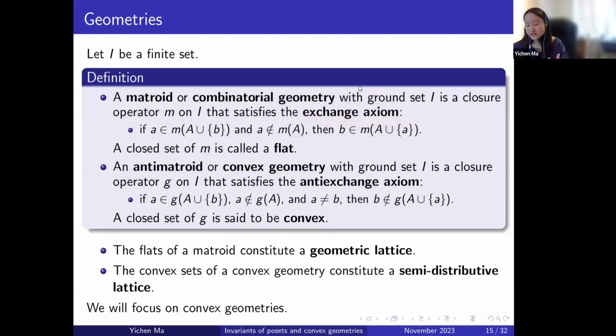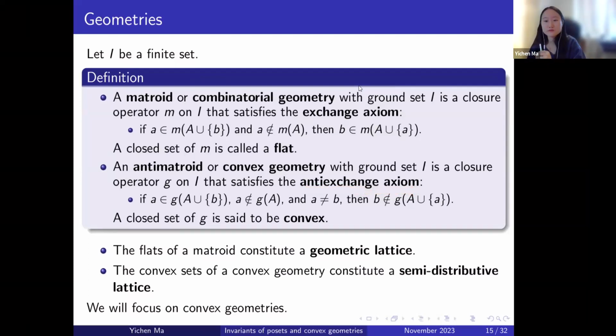If we change the statement in the exchange axiom a little bit, we get the anti-exchange axiom, and then we get anti-matroids or convex geometries. So this is a closure operator satisfying the anti-exchange axiom. A closed set of a matroid is called a flat, and a closed set of a convex geometry is said to be convex. This is just notation.